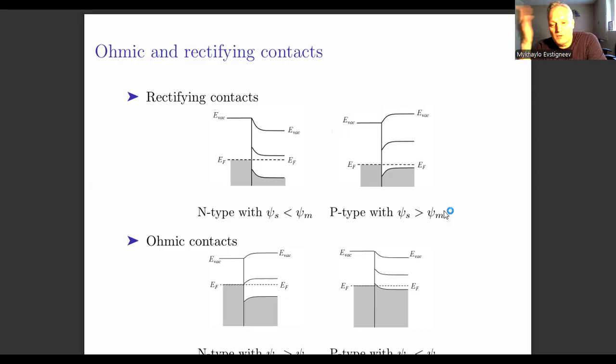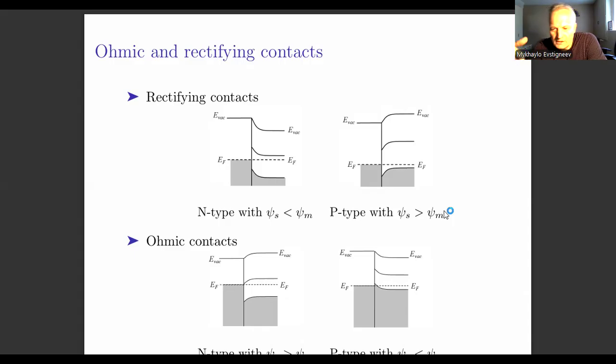All right, so why is this contact rectifying? Let's see what happens if I apply a positive bias to the metal, plus to the metal. As I am applying a positive bias to the metal, I am pushing away the majority holes, which are positively charged particles, from the metal-semiconductor interface.